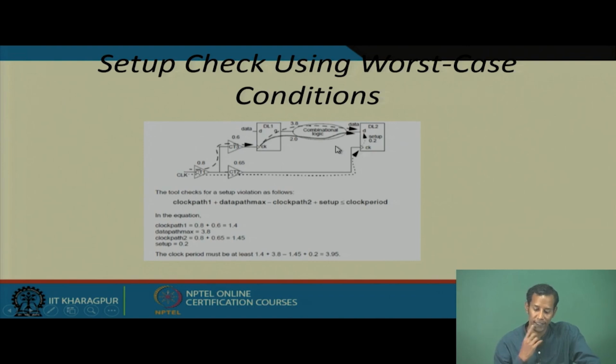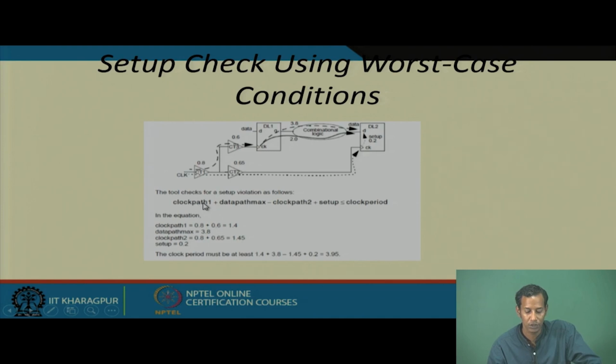So, let us first check the setup requirement for this particular case. The tools will check for the setup violation, or manually I can also check if I know the delay information of all these values.